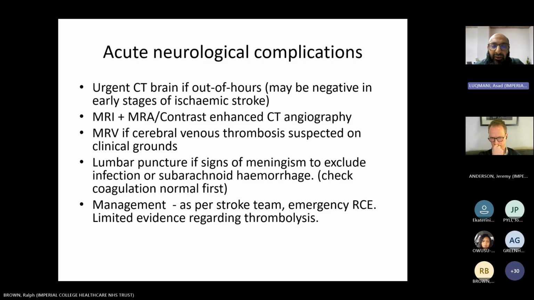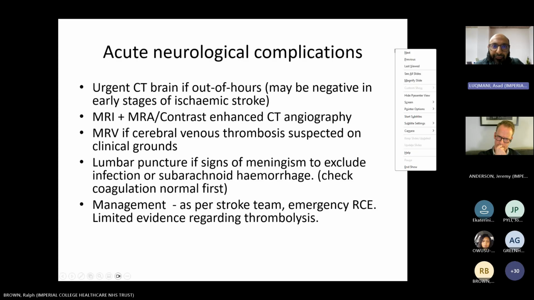However, some patients may benefit, particularly middle-aged patients who have other classical non-sickle related risk factors for stroke, but it has to be discussed on an individual basis, because if these patients have cerebral vasculopathy or cerebral aneurysms, then thrombolysis may be quite risky in these patients. Next slide, please.